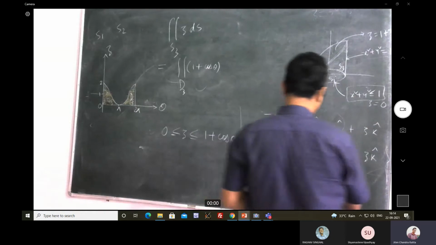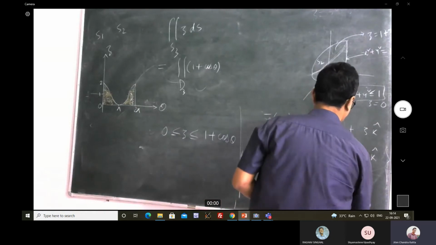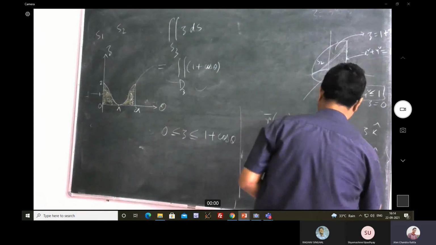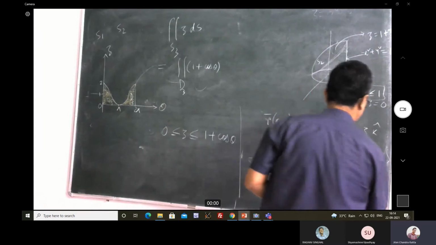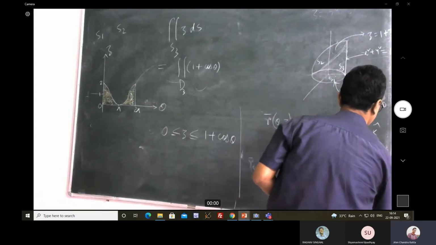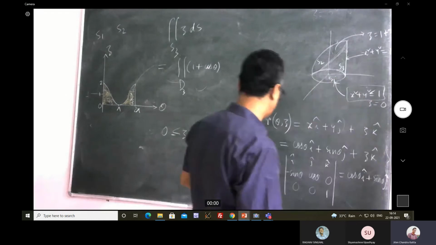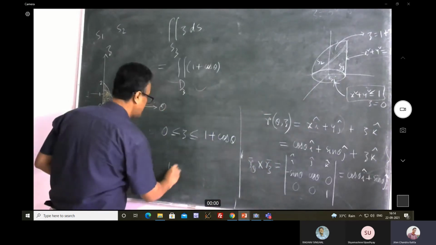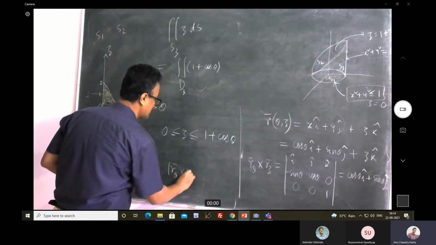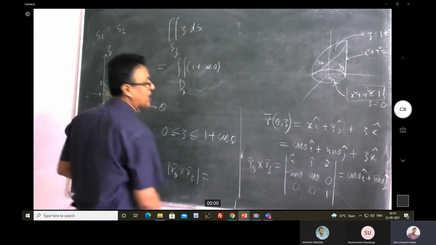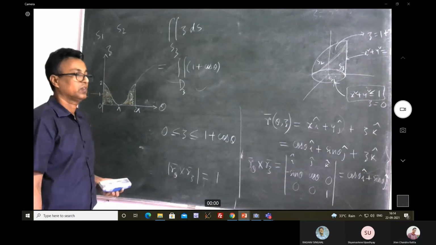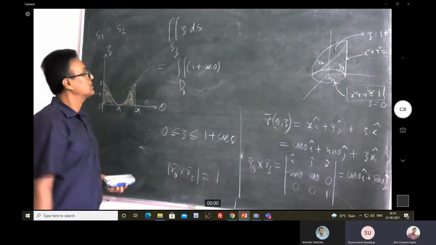So for i, it is going to be cos theta i plus sin theta j, and k is 0. So that means for this, the modulus of r theta cross r z is simply 1.